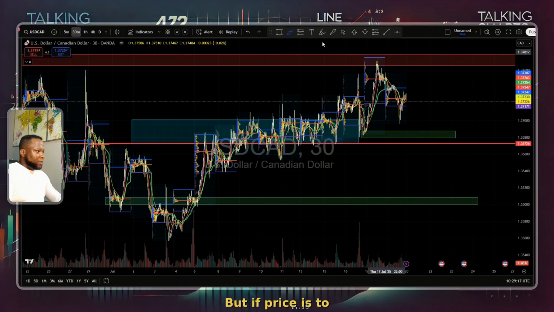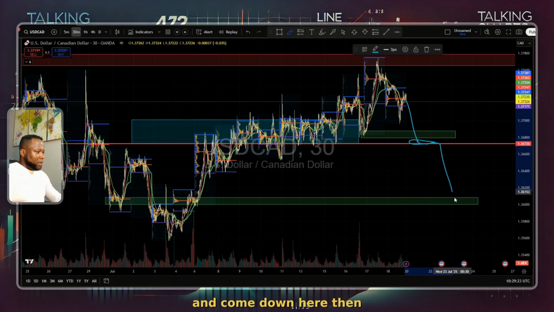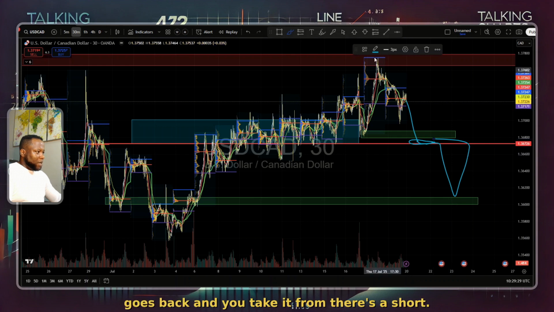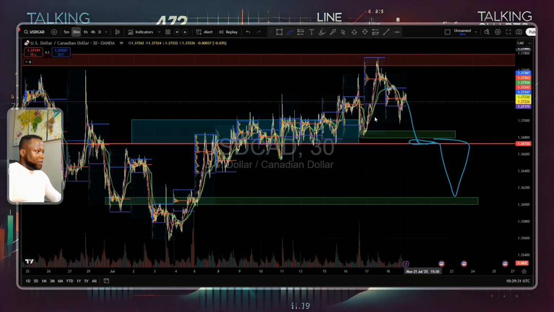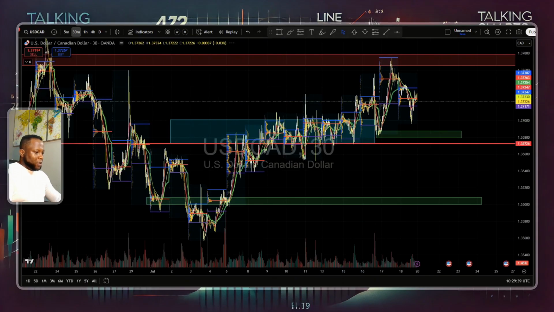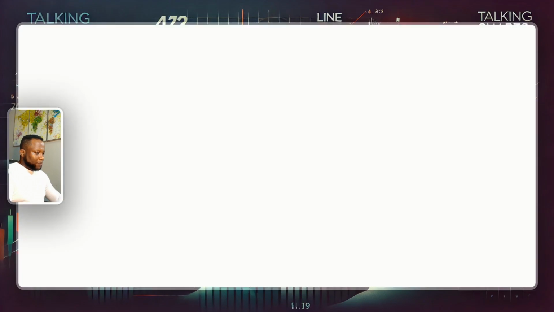But if price is to break below this support like this and come down here, then this becomes the play. Price comes here, goes back, and you take it from there to short. All right, this area now becomes resistance.